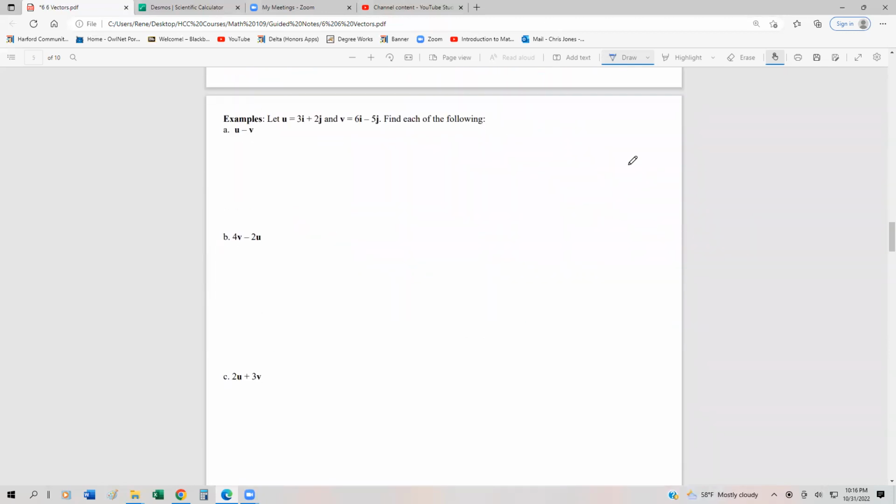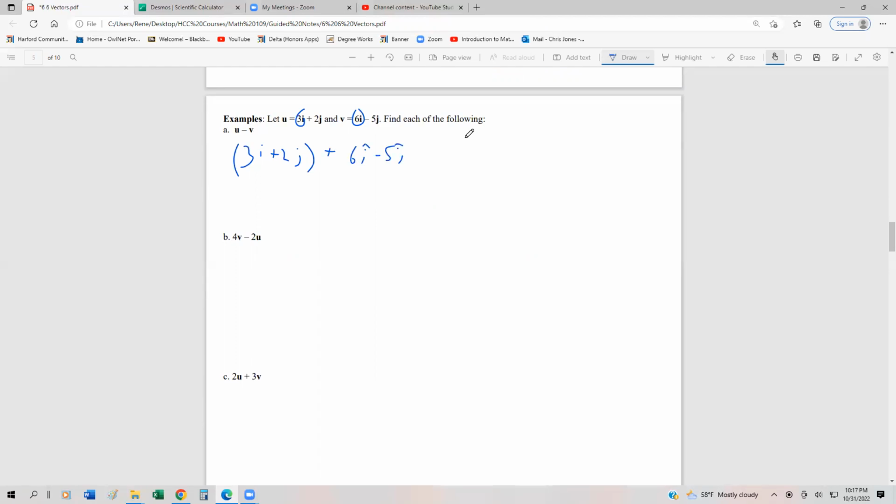We can do the exact same thing as before, vector addition and scalar multiplication. So if we have u is 3i plus 2j and v is 6i minus 5j, and we want u plus v, what I would do is add the i components together. So this would be 3i plus 2j, and to that I want to add 6i minus 5j.